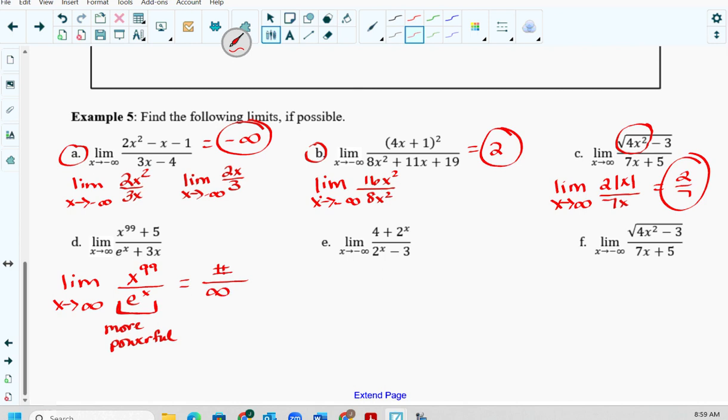When you have some number divided by a huge number, what are we actually getting close to? 0, yes, okay, good. It's a lot of weird abstract thinking: this is growing faster than this part, that makes your fraction bigger or smaller. Is the denominator bigger or is the numerator bigger? That's what you have to think through.